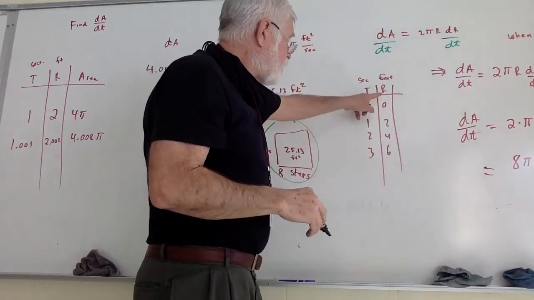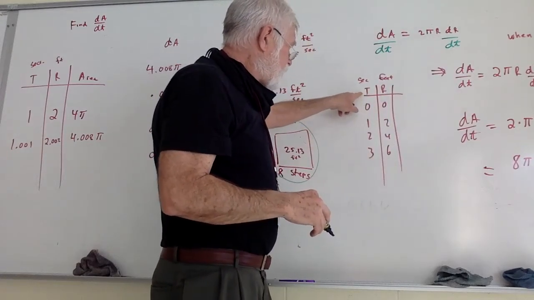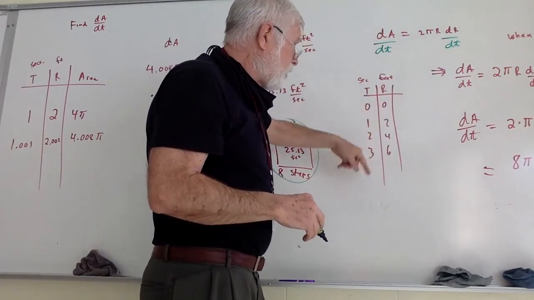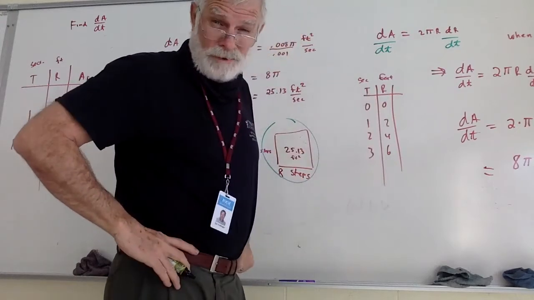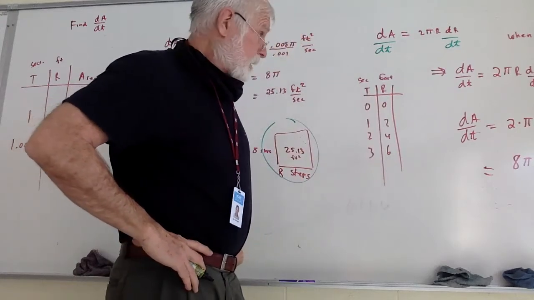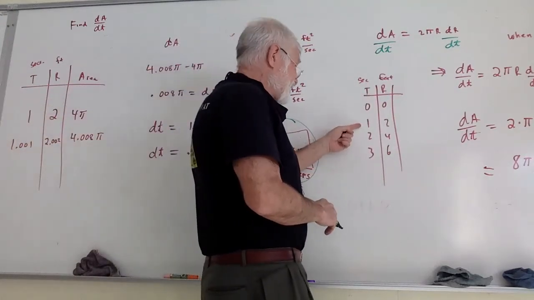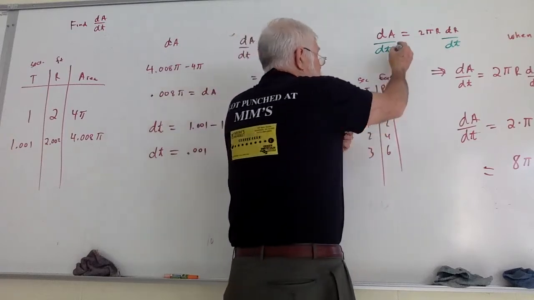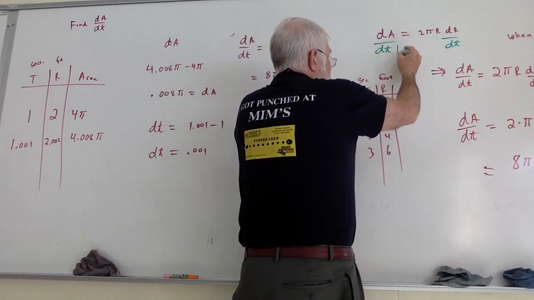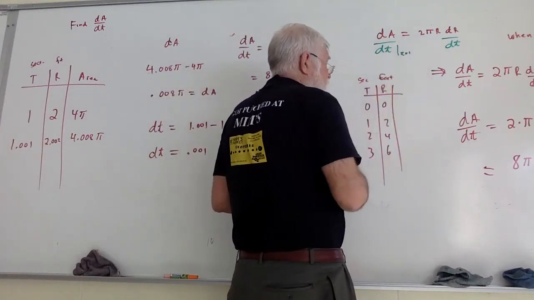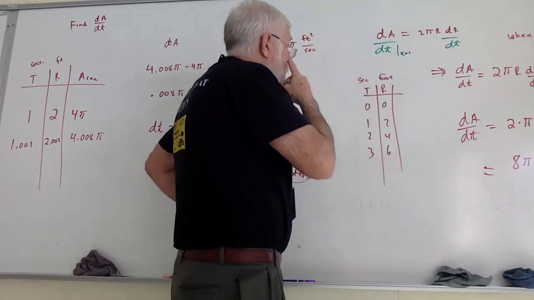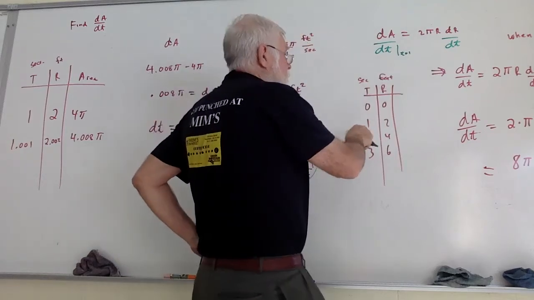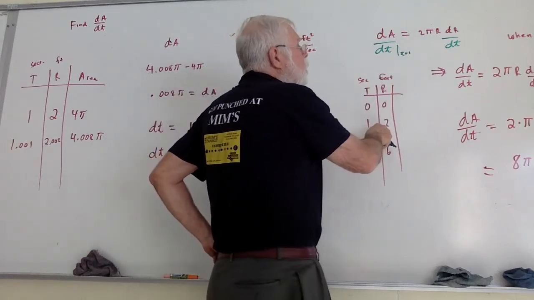And we saw what the change in r with respect to t is in this table. By golly, that's 2 to 1. And the radius at 1 second, we're trying to find this at t equals 1, time equals 1 second. Well, at 1 second, the radius is 2.